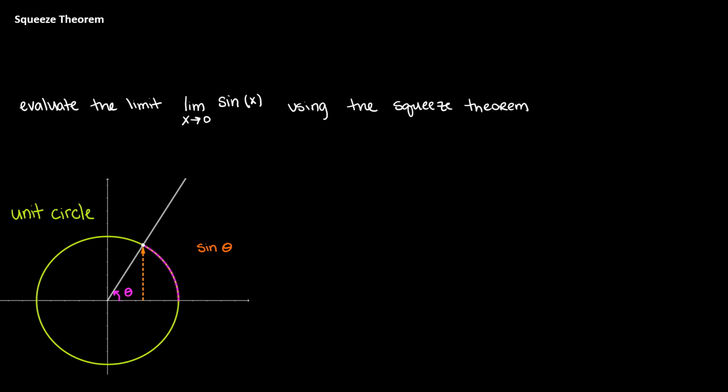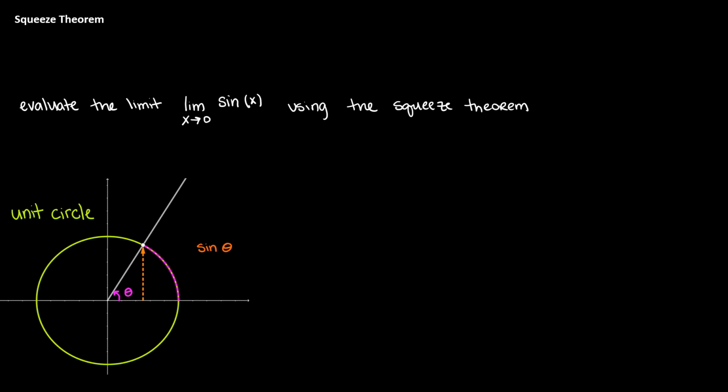We can tell that traveling along the arc is a further distance than traveling along this vertical orange arrow, which means we know that theta, the radian version of the angle, is always bigger than sine of theta, this direct distance traveling vertically to that point.